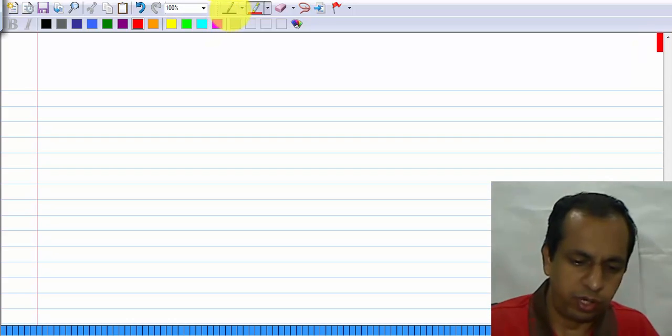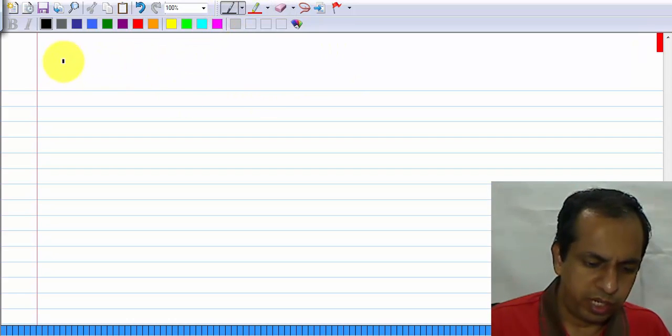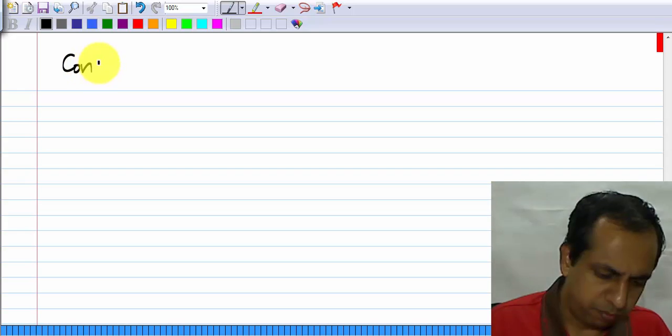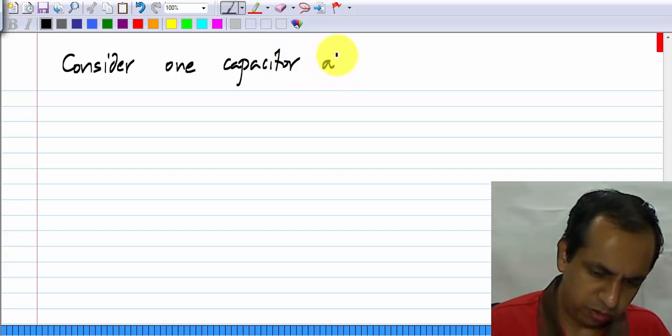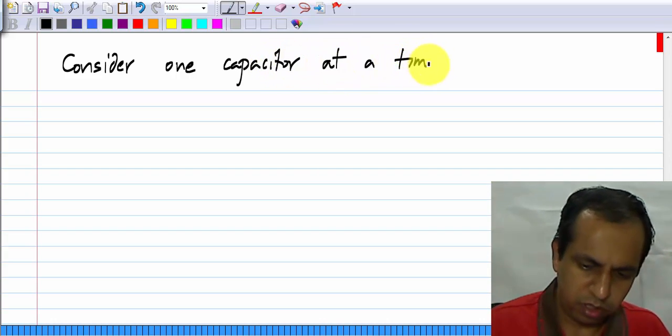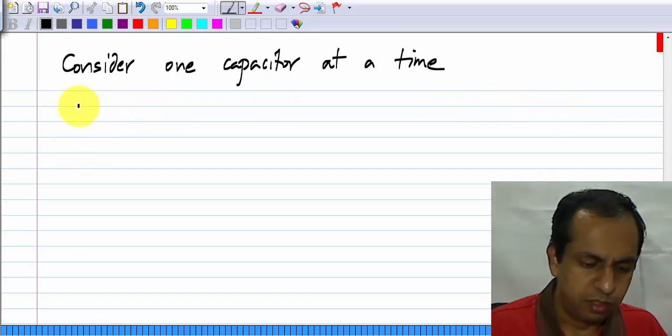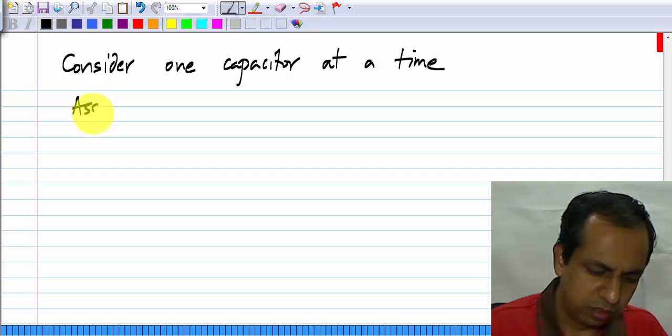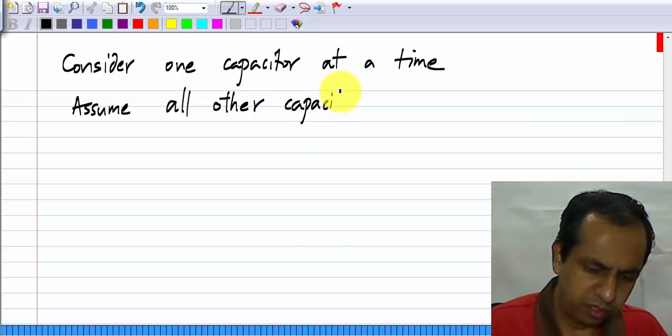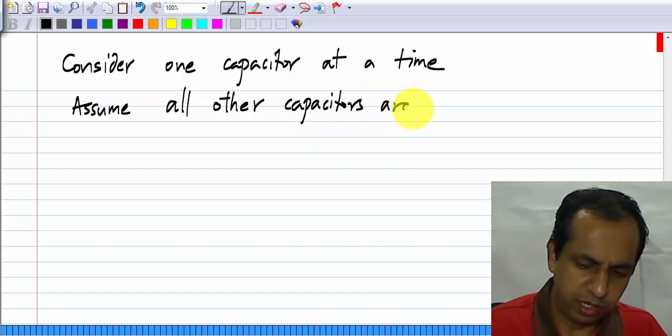So, what you do is the following: you take one capacitor at a time, and for calculating the value of that capacitor, assume all other capacitors are shorts.